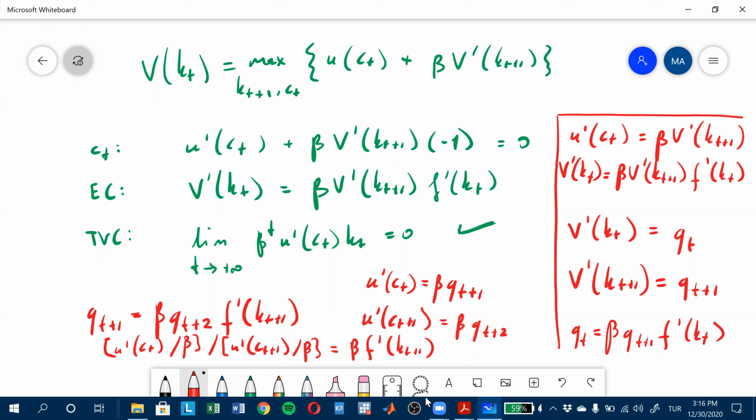Then that's the same earlier equation if you look at this carefully. So once again, even without knowing the V function, we can arrive at the same dynamical system with the same initial and terminal conditions. So that part works.